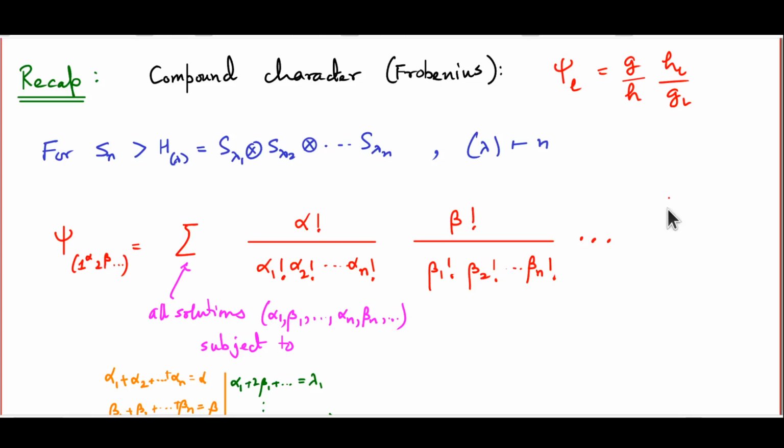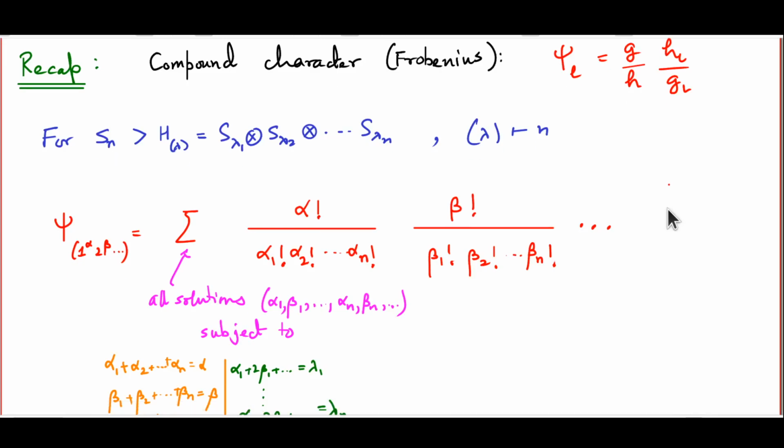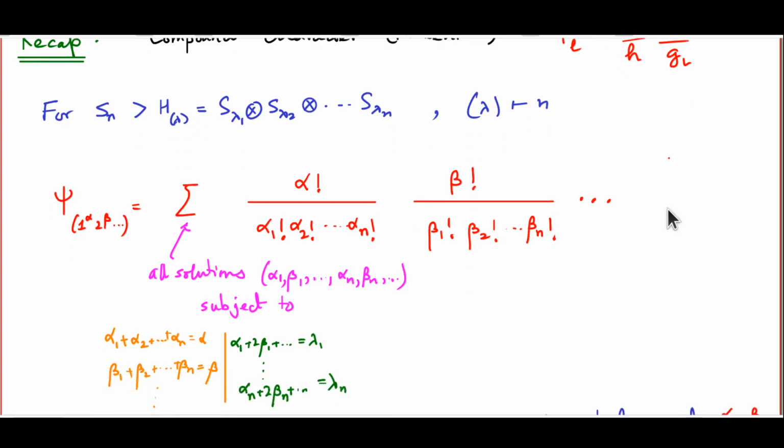The one thing which makes this sum not so easy to use, at least not completely trivial to use, is that what we need to do is figure out the values for alpha 1, alpha 2, beta 1, beta 2, and so on, which are actually non-negative integers which satisfy certain constraints. All the alpha i's have to add up to the total number of 1 cycles alpha, all the beta i's have to add up to beta, and so on.